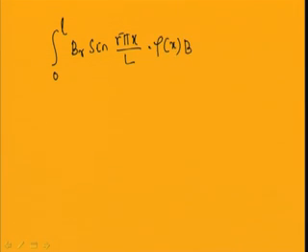When r not equal to s, this becomes integral 0 to L. For phi r I can write b r sin r pi x by L, into rho x, into, for the s mode, sin s pi x by L dx.